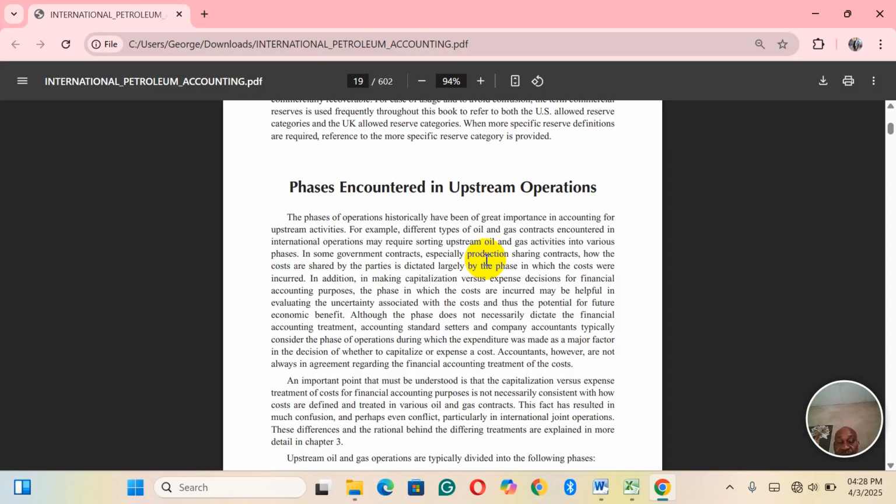Although the phase does not necessarily dictate the financial accounting treatment, accounting standard setters and company accountants typically consider the phase of operation during which the expenditure was made as a major factor in the decision of whether to capitalize or expense a cost. Accountants, however, are not always in agreement regarding the financial accounting treatment of the cost.